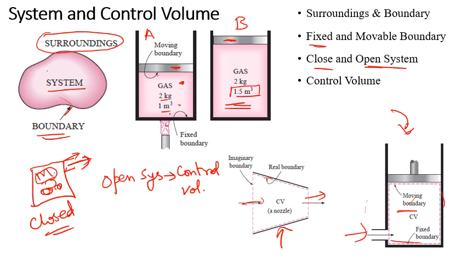So this is the case of open system with moving and fixed boundaries. So this is the example of the control volume.